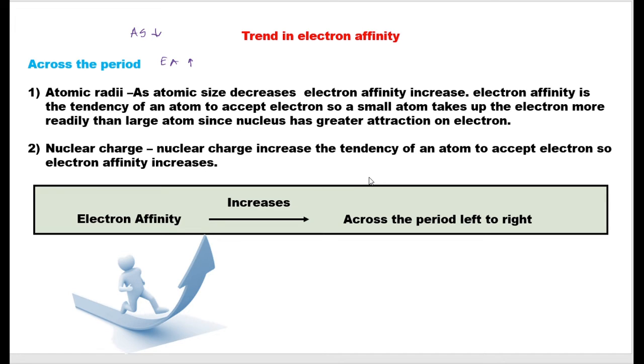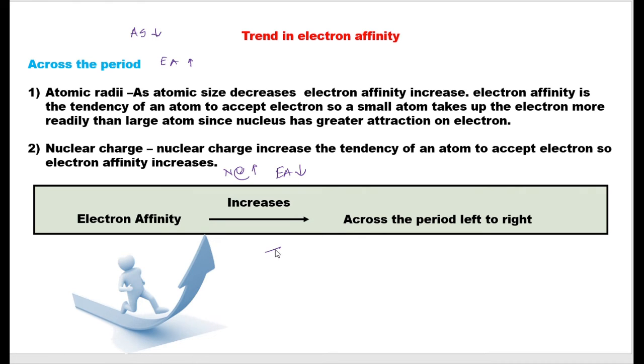Similarly, if you have to explain on the basis of nuclear charge, what would you say? Across a period, nuclear charge also increases. So if more electrons are accepted, there will be greater attraction of electrons towards the nucleus, therefore electron affinity increases.